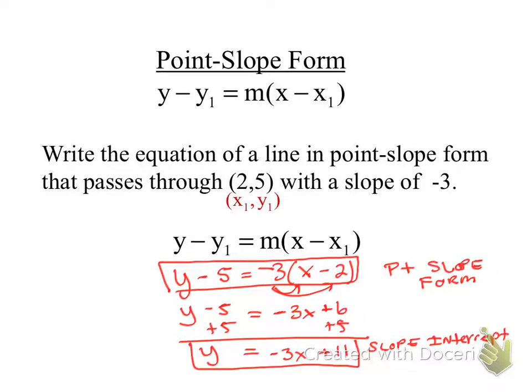Now, when do I use this? Just to find the slope-intercept form sometimes? To find slope-intercept form. And if they give us a point and a what? No, I need two things.